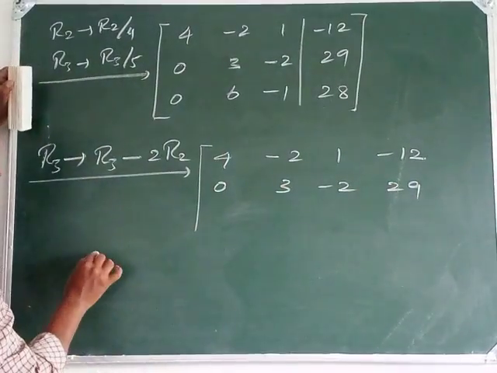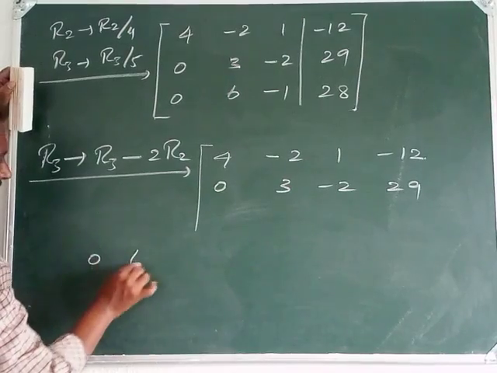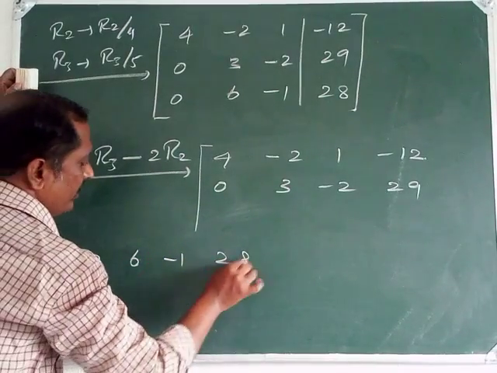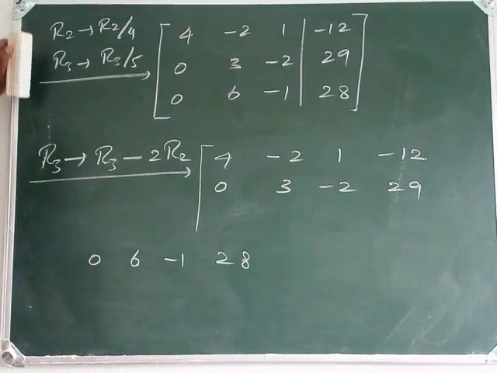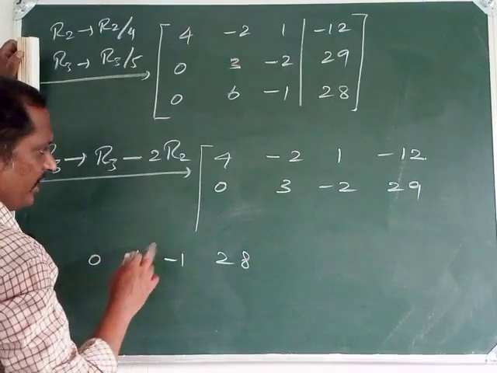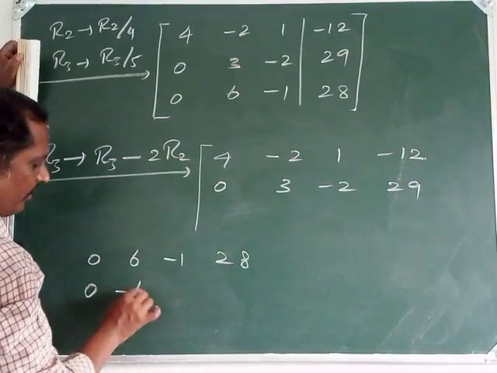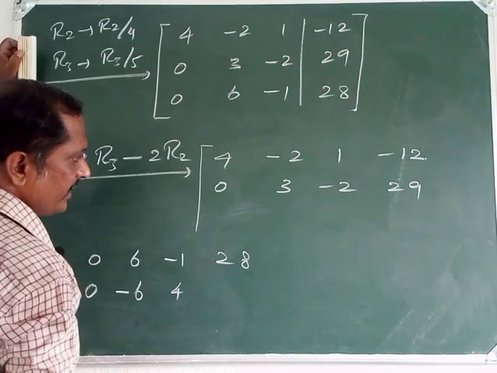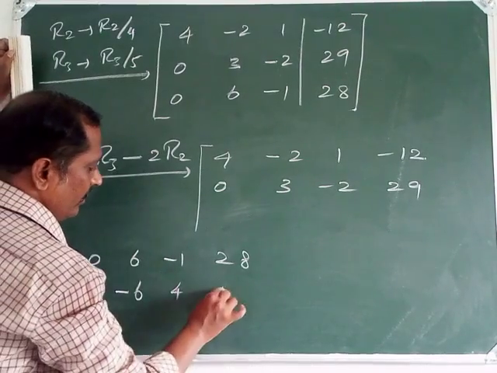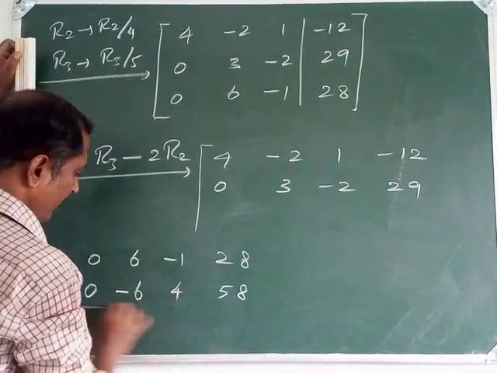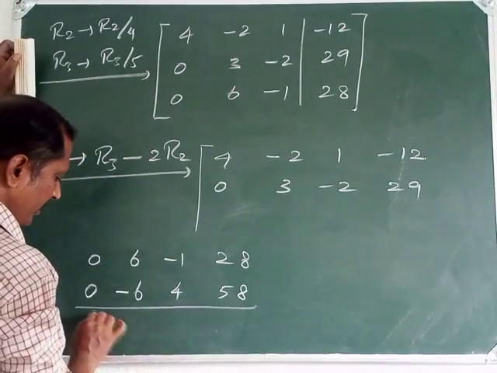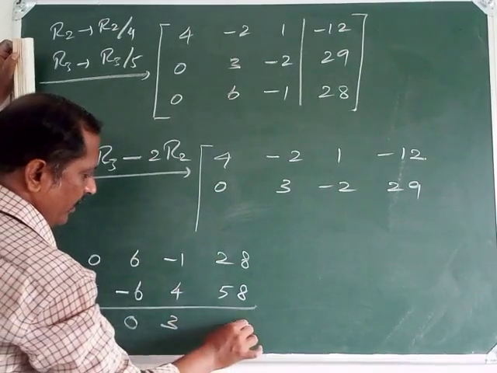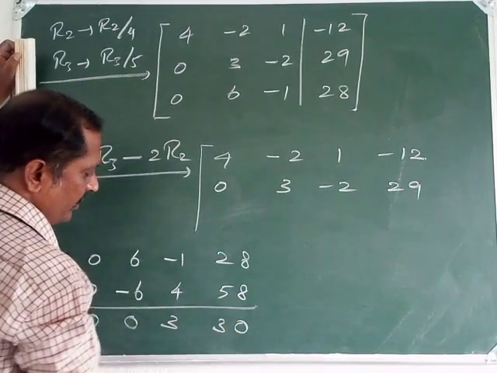And third row elements are 0, 6, minus 1, 28. Second row can be multiplied by minus 2. So 0, minus 6, plus 4, 2 29s are 58. Adding this, we get 0, 0, 3.